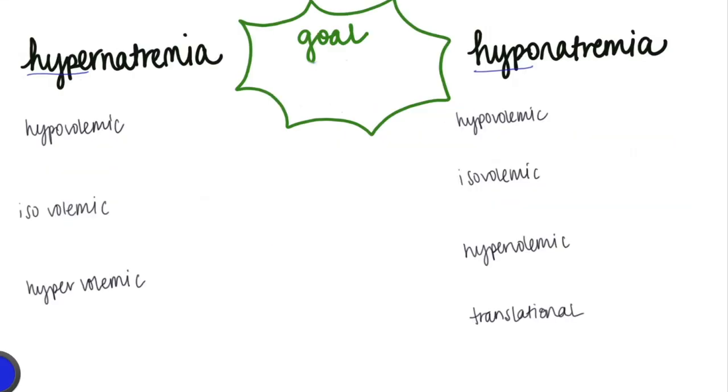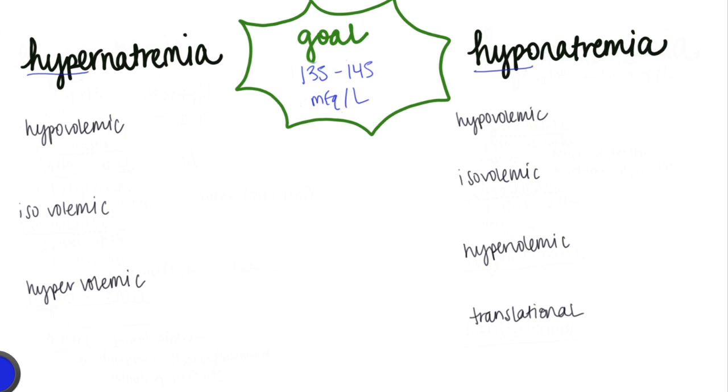All right, so when we're talking about sodium status, for the most part, we're going to be using sodium lab values to help determine our patient's sodium status. Although the values that you're going to use at your institution may be different than what I'm going to use today, for the most part, the goal ranges for sodium status are going to fall somewhere between 135 and 145 milliequivalents per liter.